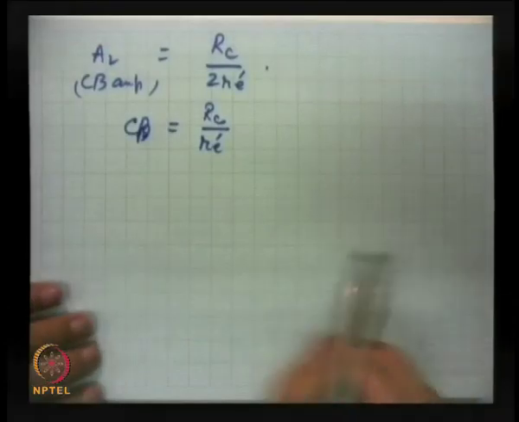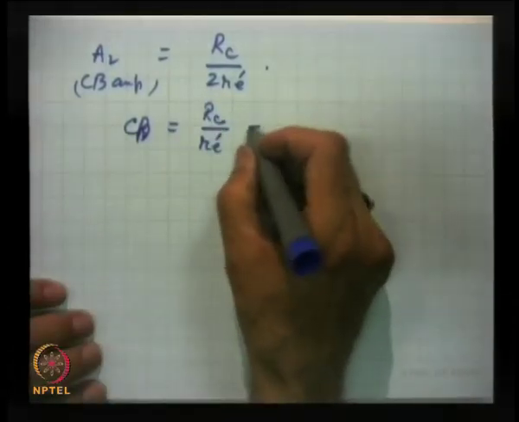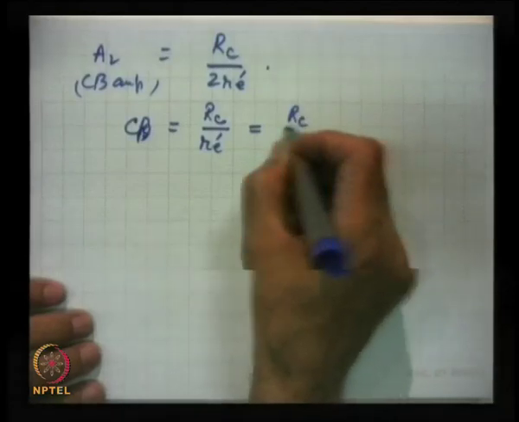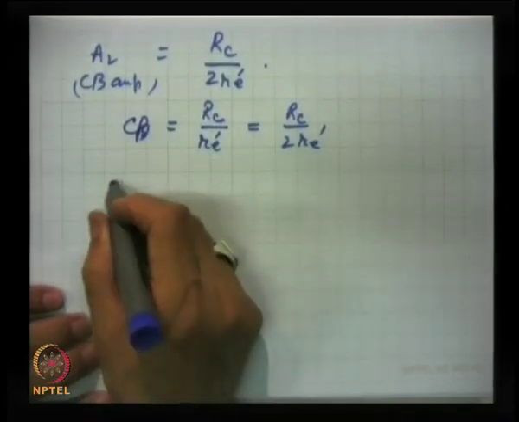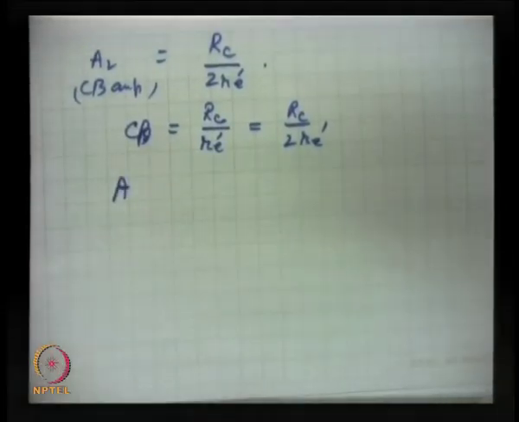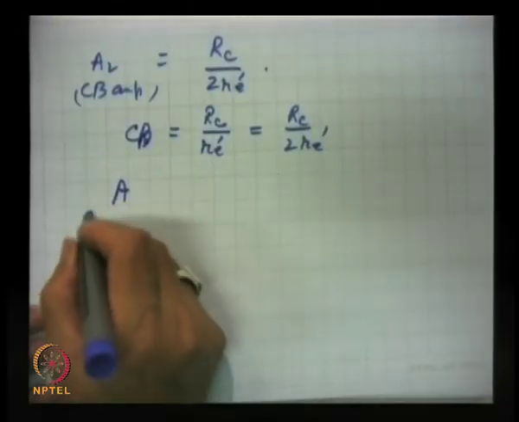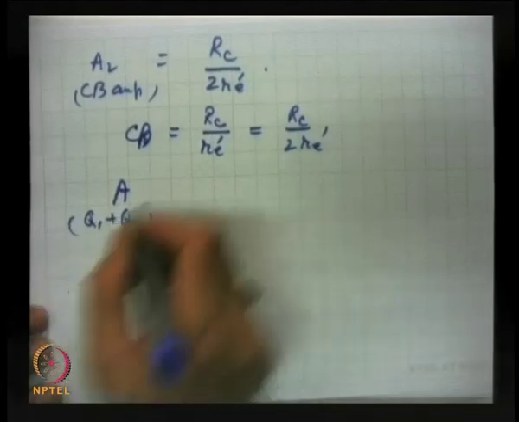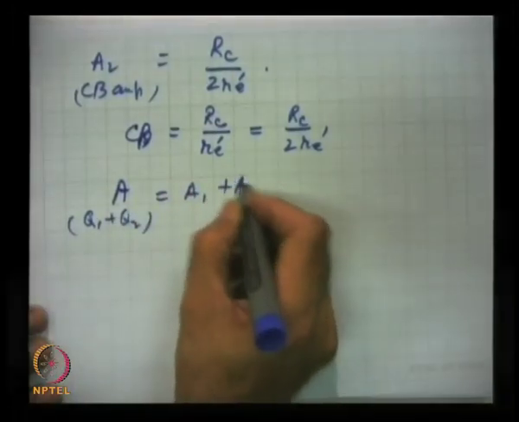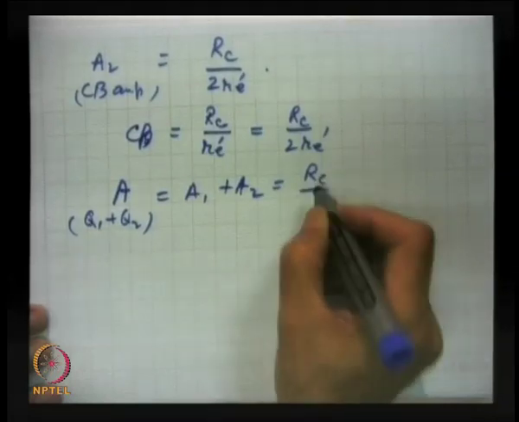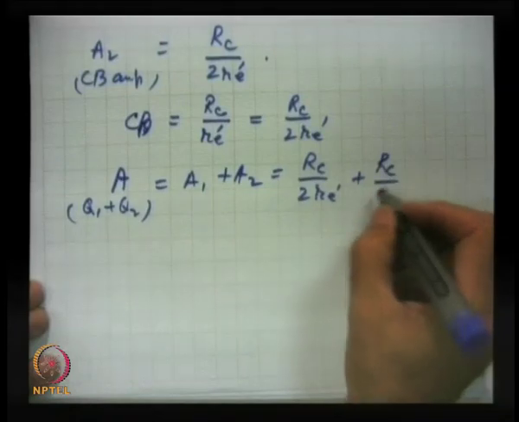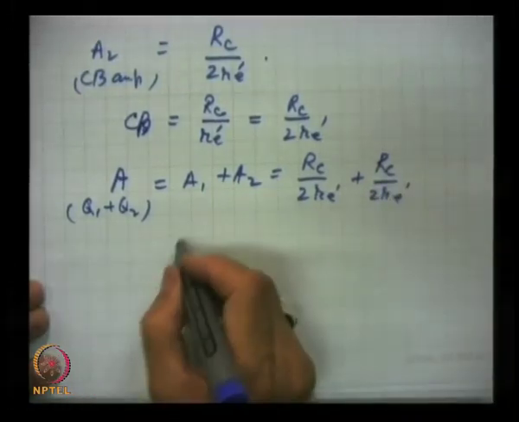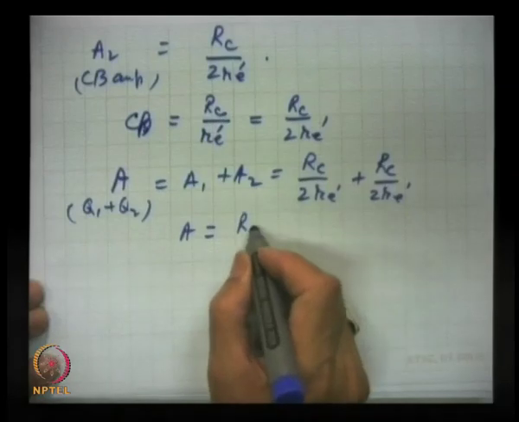So, they have to be combined, they are in parallel, and hence this will also be RC by 2 re prime. Therefore, the voltage gain A, due to Q1 plus Q2, is simply A1 plus A2, which is RC by 2 re prime plus RC by 2 re prime, and A is equal to RC by re prime.